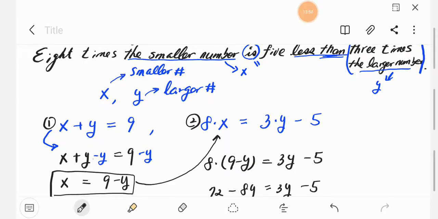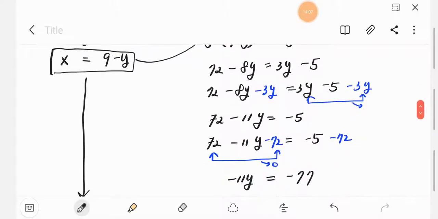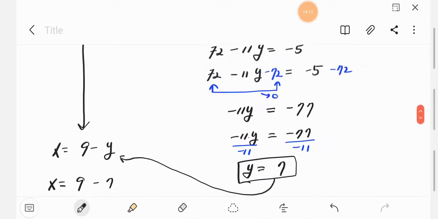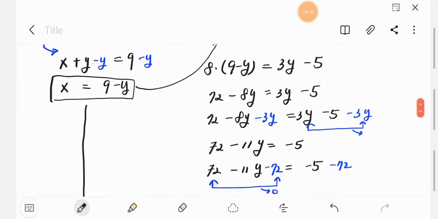So in this case, I replace this x with 9 minus y so that the second equation has only one variable, y. And then simplify and find the value of y. Once you find the value of y, plug it into the other equation so that you get the value of the other variable.